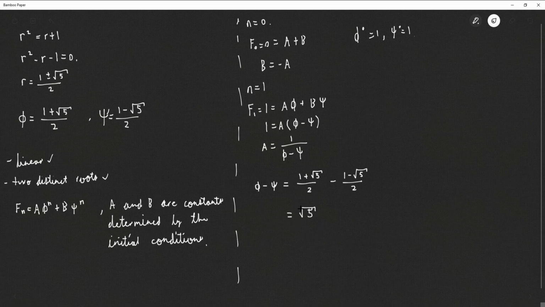So now, putting this back into our formula, we get that a is equal to 1 over root 5, and b is just the negative version of a. So this is going to be negative 1 over root 5.